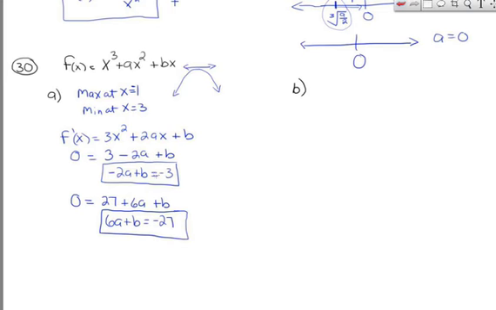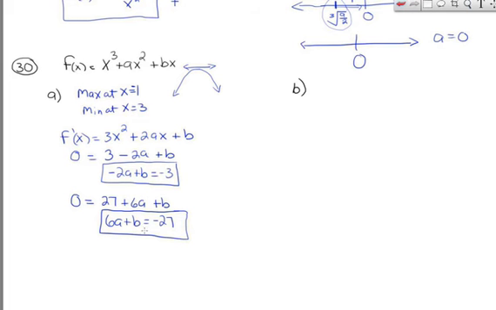So I still don't have the answer, but what I have are two equations with an a and a b, and so now I can solve with a system of equations using substitution or linear combination and solve for a and b. So I'm going to leave you to do that.